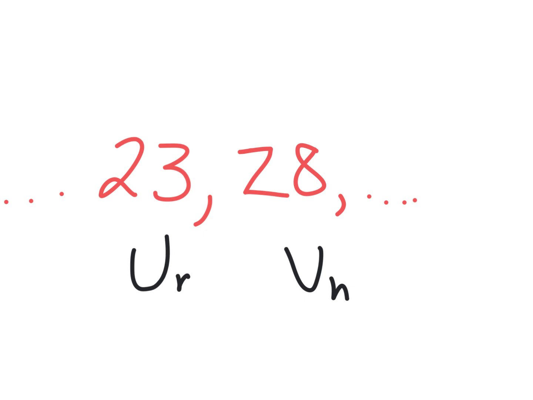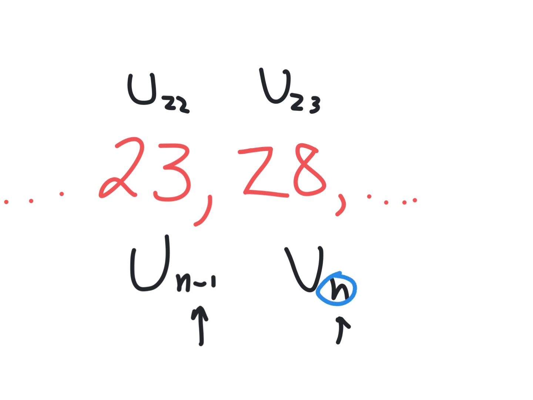Yeah, u sub n minus 1. Do you get it's whatever term that was, you would subtract 1 from it to get that term? So if it turned out this was u sub 23, then the one in front of it would be u sub 22. But since I don't know what it is, I call it u sub n, because I don't know what term it is. Then the term in front of it would be u sub n minus 1. You get that so far?